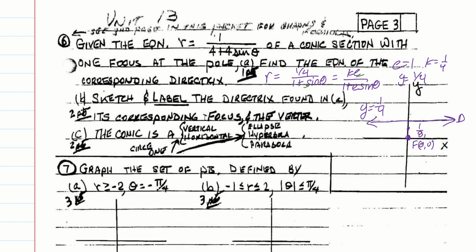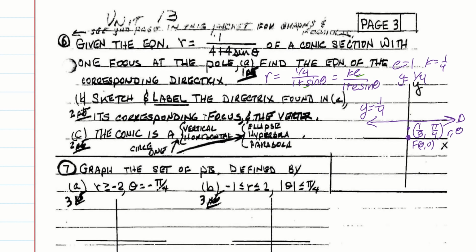And again, we have to write this in terms of polar coordinates. So 1/8 is your magnitude r, and the angle is going to be pi over 4. So that's (r, theta).